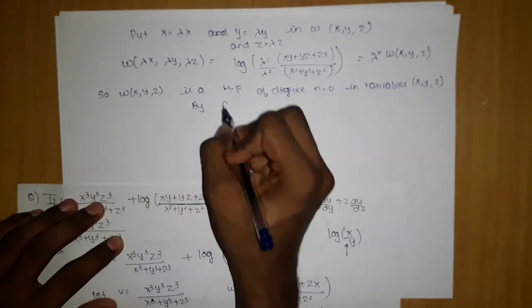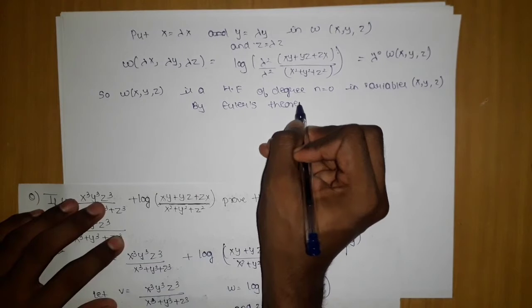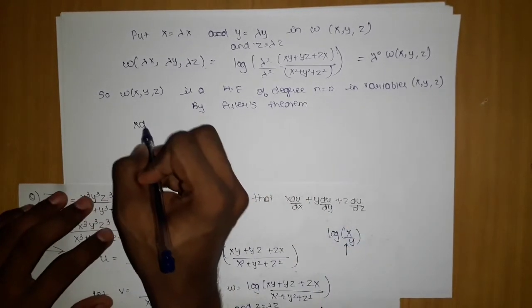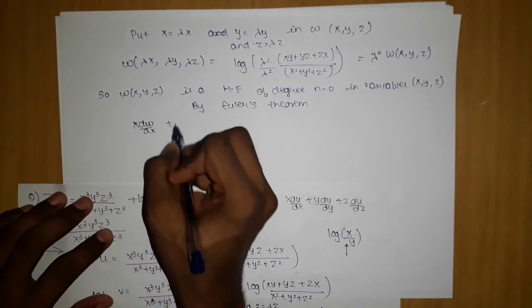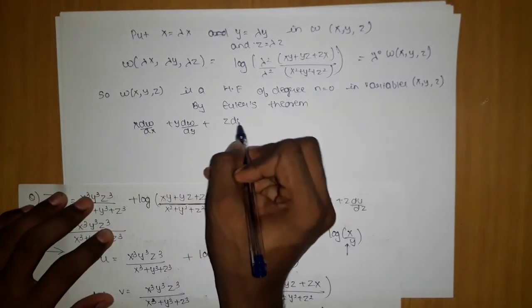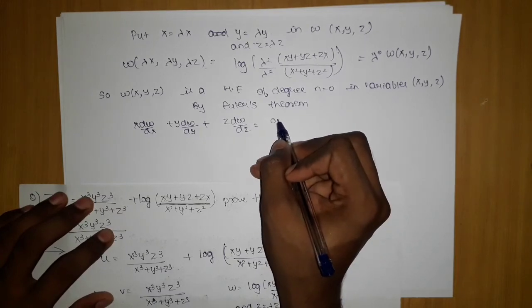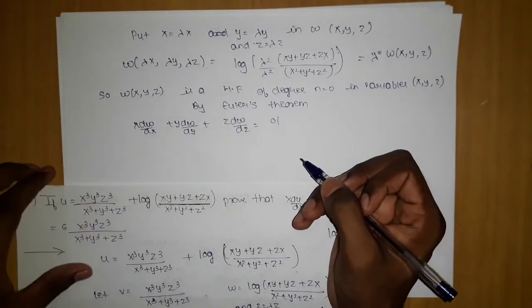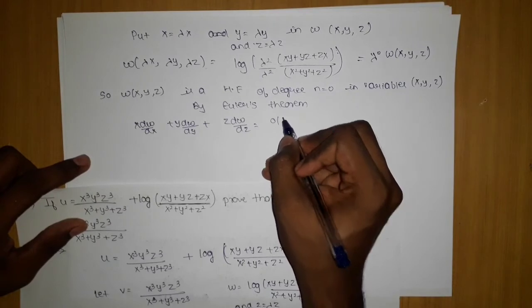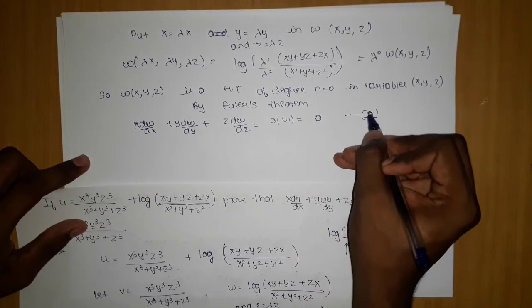Now by Euler's theorem, you can see x dou w by dou x plus y dou w by dou y plus z dou w by dou z equals 0 times w, which will be 0. Let's call it second.